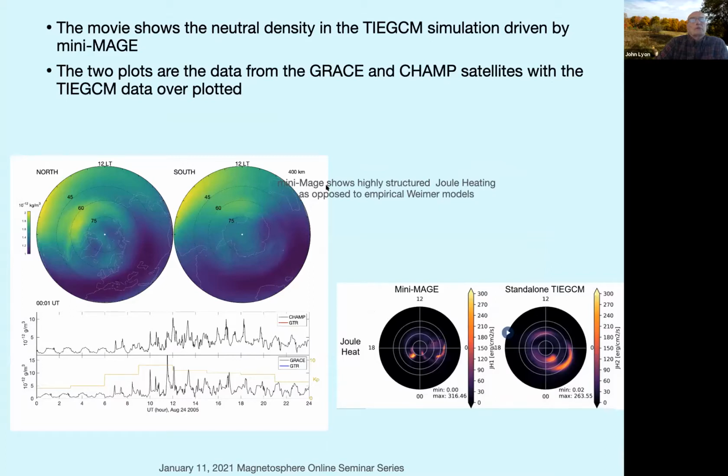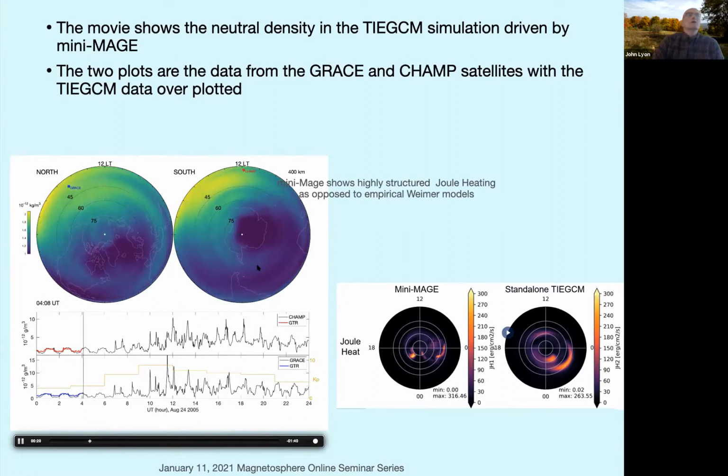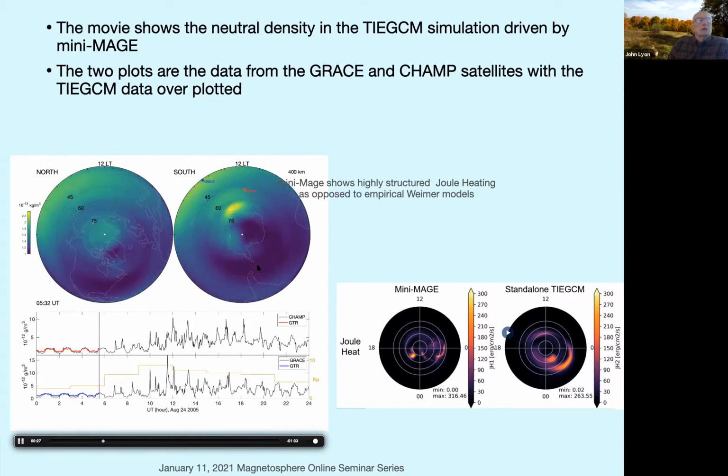For comparison, the movie shows the TIGCM solution for the neutral atmosphere driven by mini-MAGE. And crossing it are the satellites GRACE and CHAMP, GRACE in blue, CHAMP in red. And down below is traced the model results for each of these satellites.